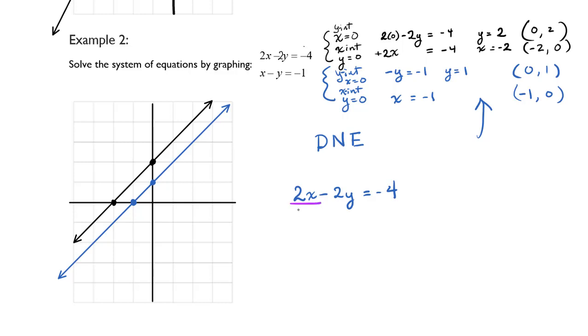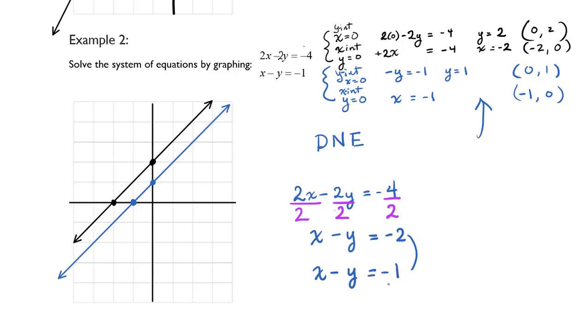So let's see what happens. If we divide everything by 2, we'll get x minus y equals -2.